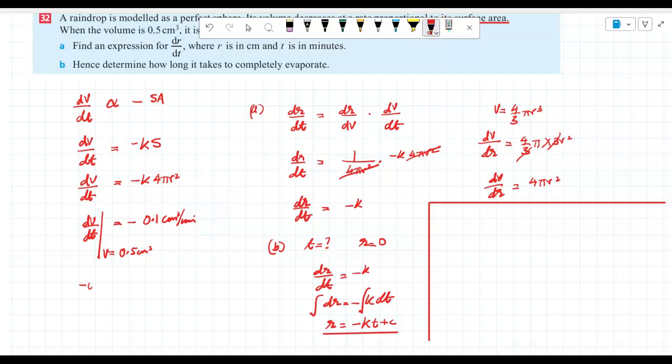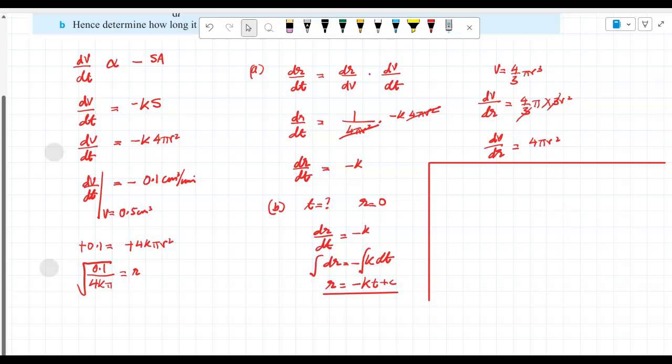Suppose you put in, so minus 0.1 is equal to minus 4k pi r square. So minus and minus can cancel. So 1 upon 4k pi is equal to r square. So that's your r. This is r when volume is 0.5.